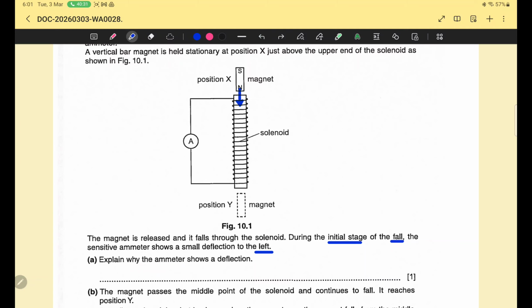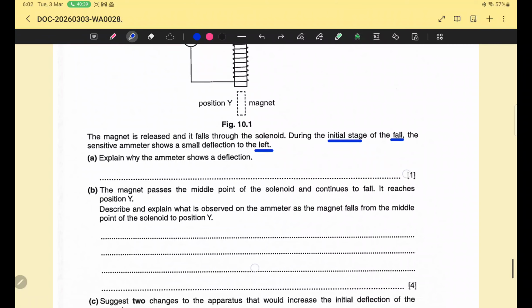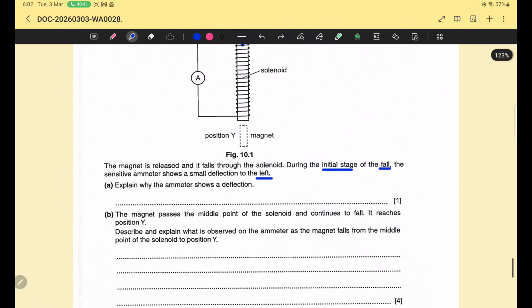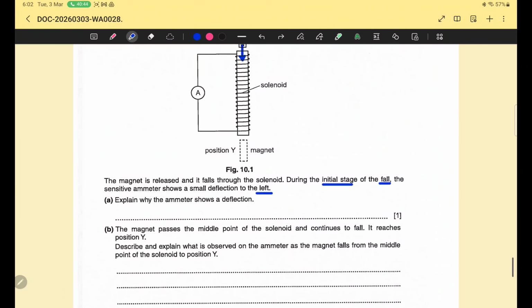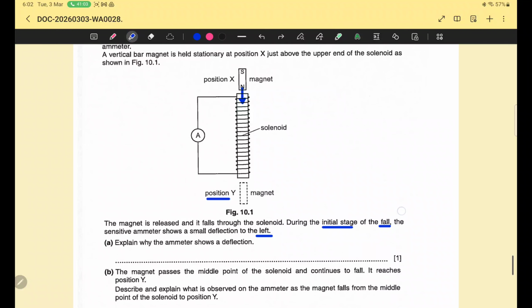We know when the magnet is cutting magnetic lines of the coil, induced current is produced. So I am leaving part A, but I am interested in solving part B. When the magnet passes the middle point of the solenoid and continues to fall, it reaches the position Y.